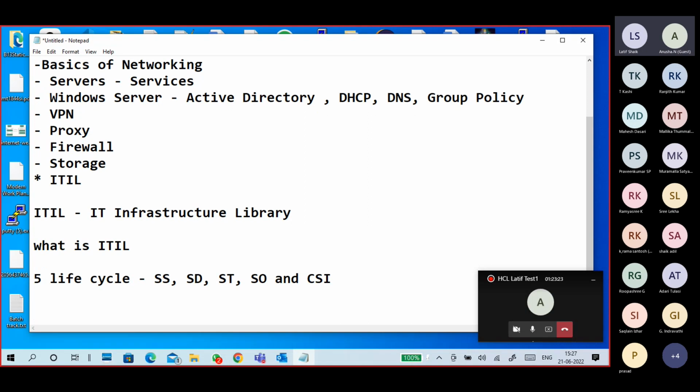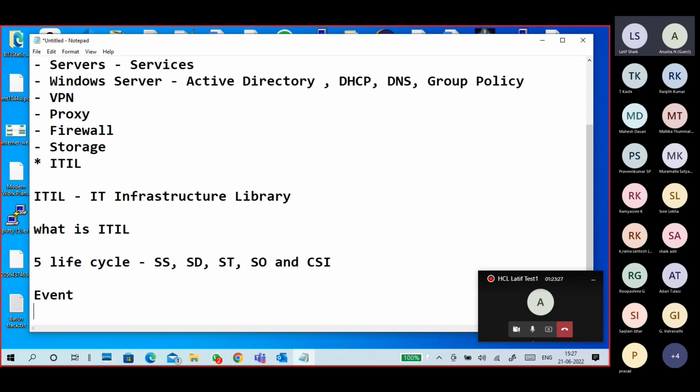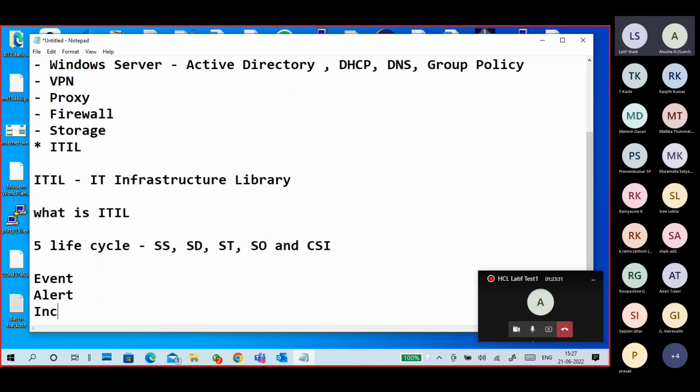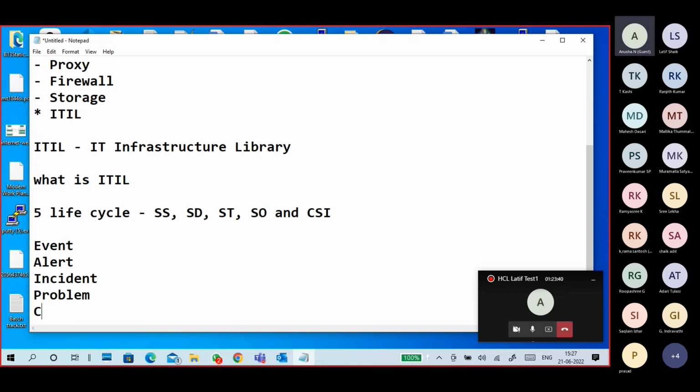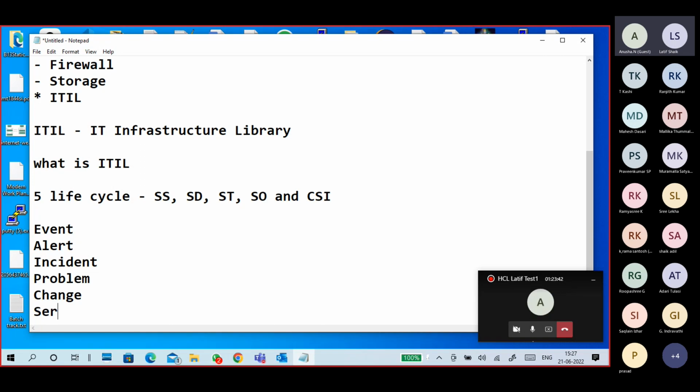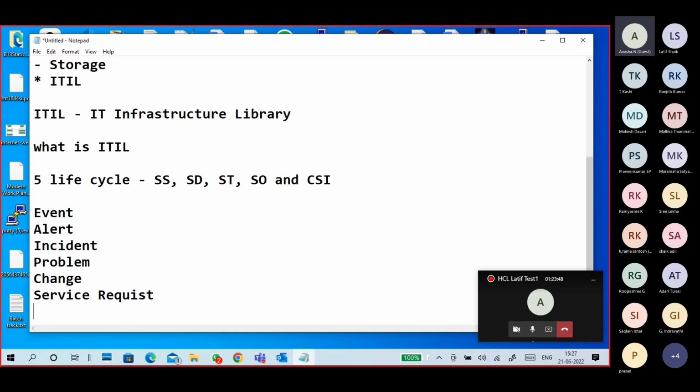And there are certain terminologies that you must know: event, alert, incident, problem, change, service request. These terminologies are very important.